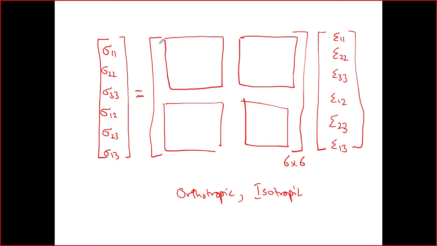This is the diagonal, just to clarify. Then if I look at my orthotropic and isotropic ones, I have noticed just now that all of these terms are zeros. Everybody agreed on this so far.